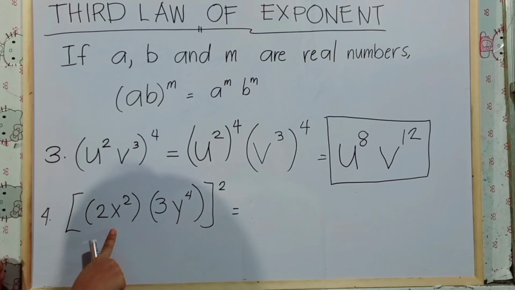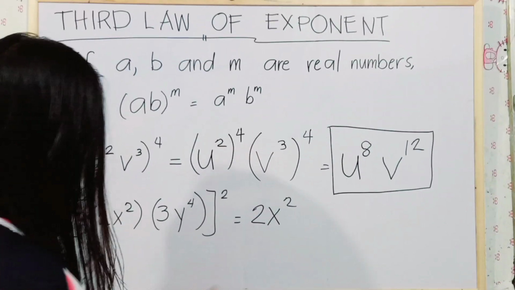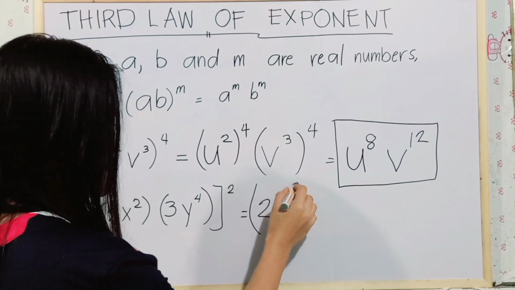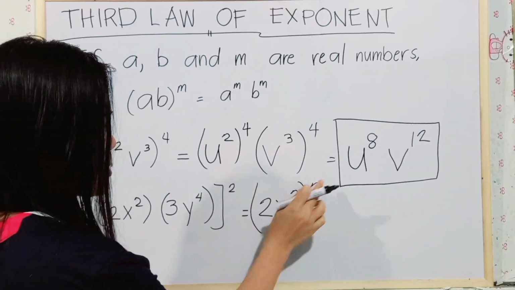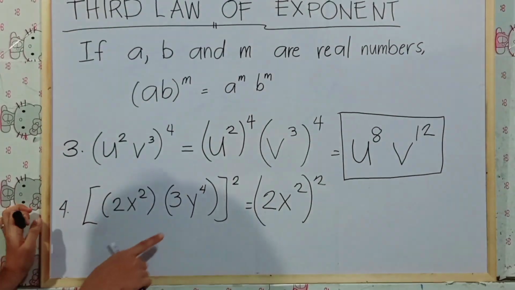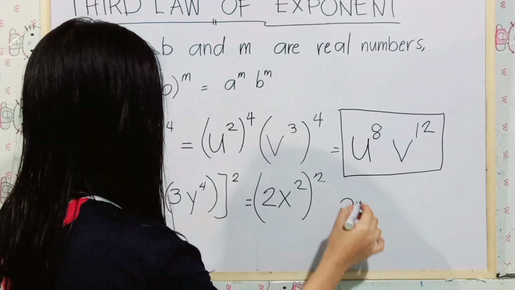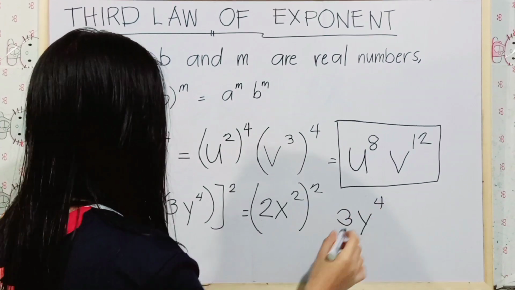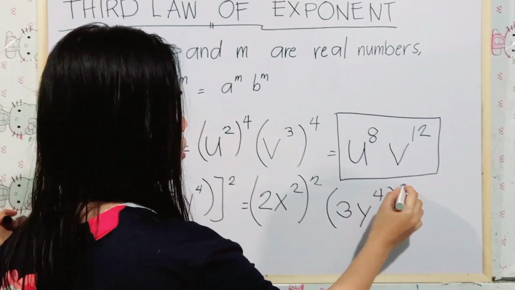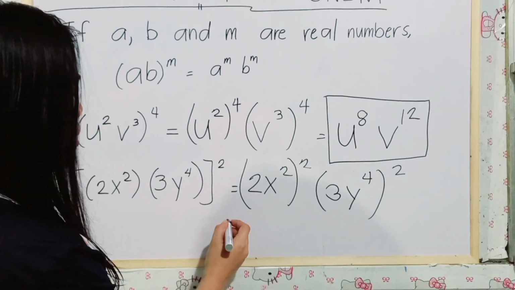We copy 2x squared and raise it to the power of 2, and then we copy 3y raised to the power of 4 and our exponent 2.